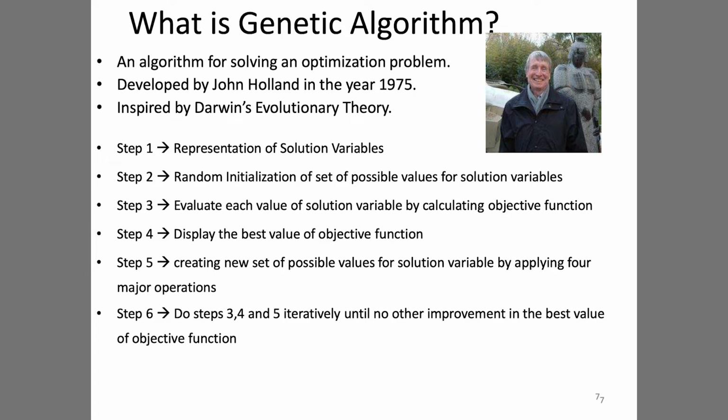Step 5 is the core and most important step of the genetic algorithm, that is creating a new set of possible values for the solution variable by applying certain operations to the existing solution variables. And the final step is repetition of steps 3 to 5 until we reach the desired goal.